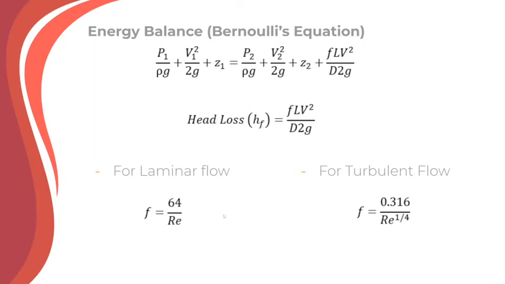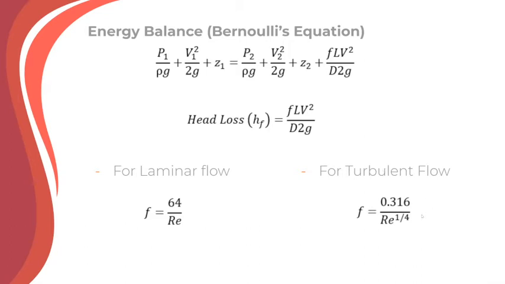So the Reynolds number, from a fluid standpoint, is the ratio of the inertia force to the viscous force. For a laminar flow, which is a smooth, uniform flow through a path, the friction factor would equal 64 over the Reynolds number. As opposed to turbulent flow, which has irregular fluctuations and mixing of flow.